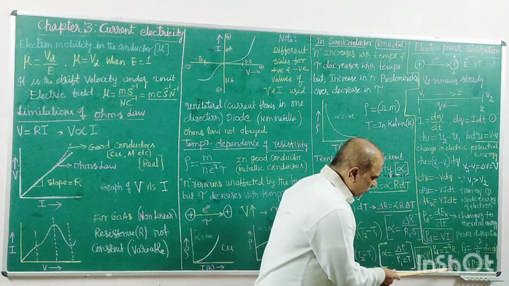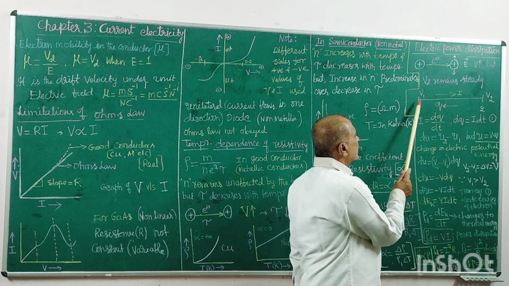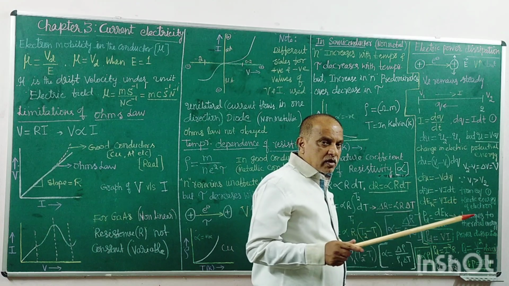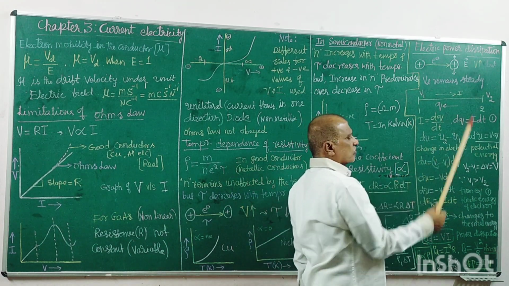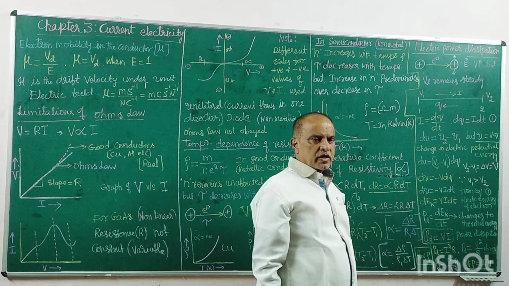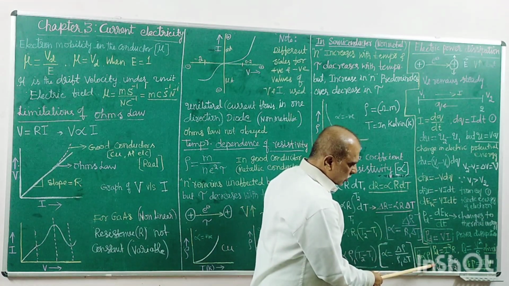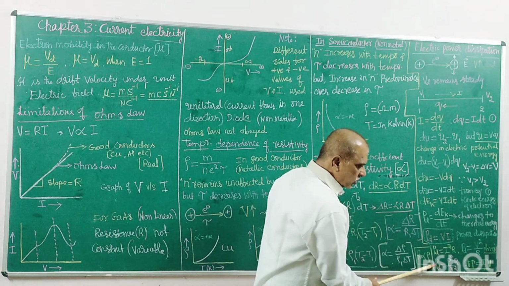And also most important is V square. What is V? The potential difference applied across this. It is V square, not V. The higher the potential difference, the lower the PD value.